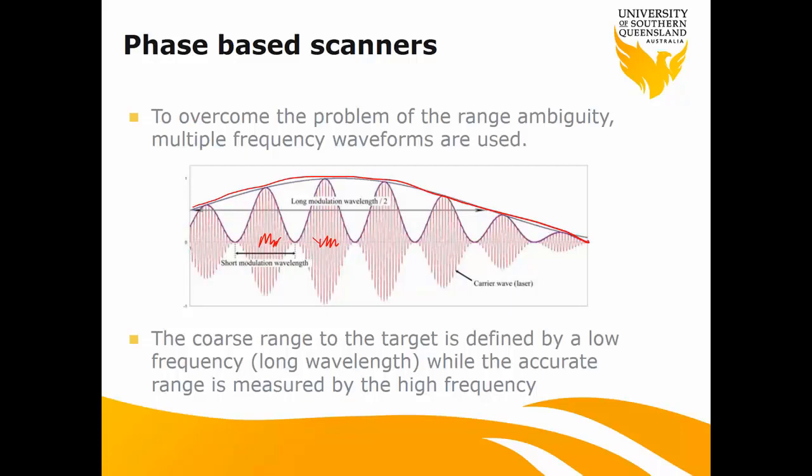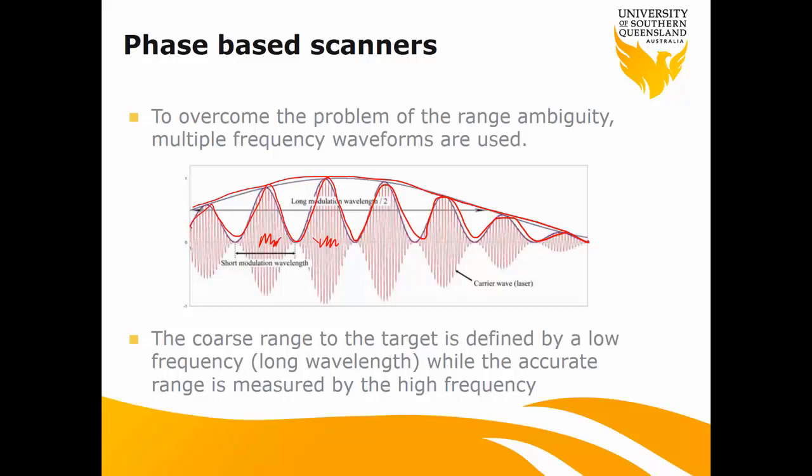The second modulation wave is this high frequency and short wavelength. So one carrier wave with two modulation waves: one is high frequency and the second one is low frequency.